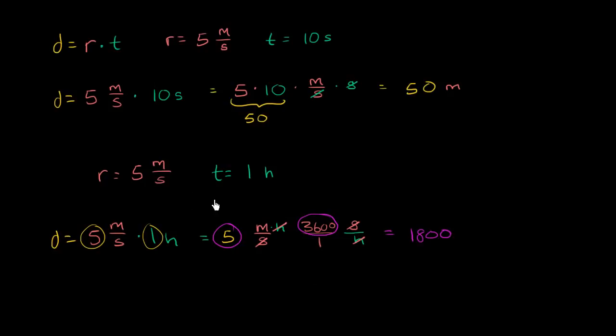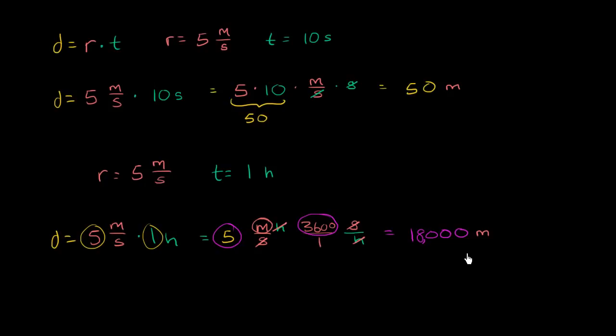And the only units that we're left with are the meters. It's 18,000 meters. And so we're done. We've now expressed our distance in terms of units that we recognize. If you go 5 meters per second for 1 hour, you will go 18,000 meters.